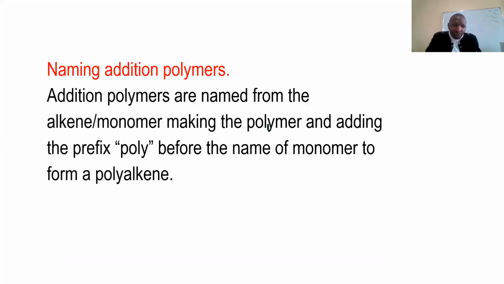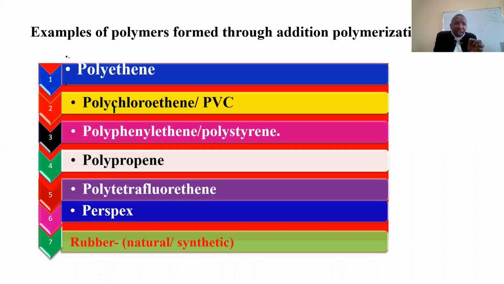So addition polymers are named from the alkene, or rather the monomer making the polymer, by adding the prefix poly before the name of the monomer. If the monomer is ethene, the polymer becomes polyethene. If the monomer is chloroethene, the polymer becomes polychloroethene.